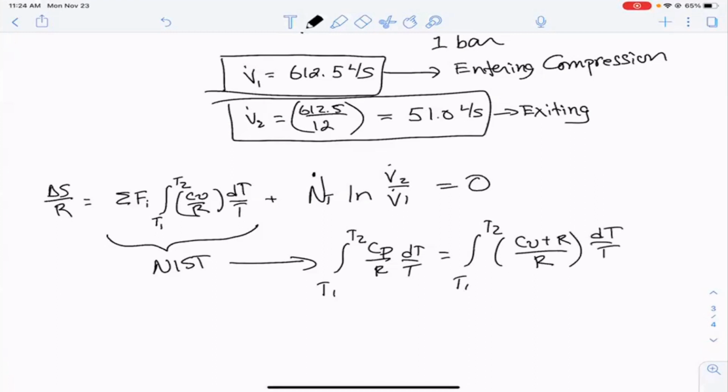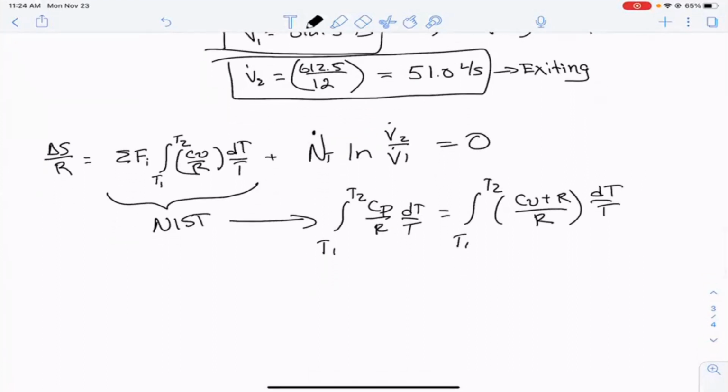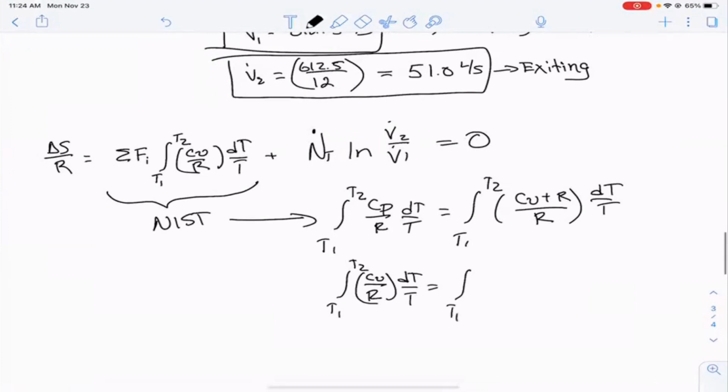dT over T. And so what that means is that if I actually want the integral from T1 to T2 of Cv over R dT over T, that's just equal to the integral from T1 to T2 of Cp over R dT over T minus the integral of R over R, or just 1, from T1 to T2 of dT over T, right?